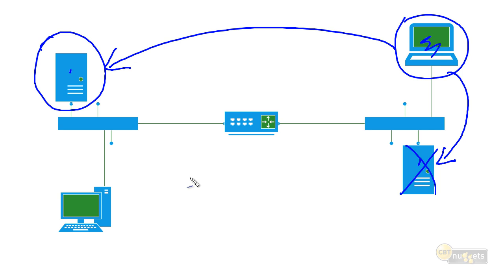That's completely okay. The reservation still lives within the scope. It's still a legal address to be handing out for that particular segment. And by having the reservation present on both of my DHCP servers, I am assured that this client will get the correct address no matter which server actually winds up servicing its DHCP request.